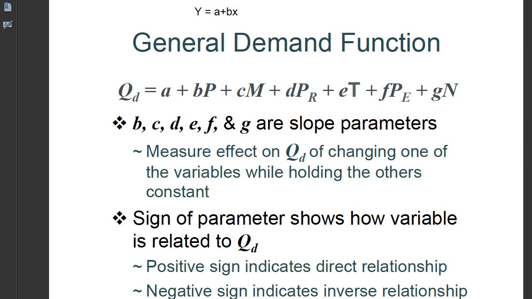A is the y-intercept, and B is the slope. It's the same here. A acts like the y-intercept, and the letter in front acts as the slope for each variable.